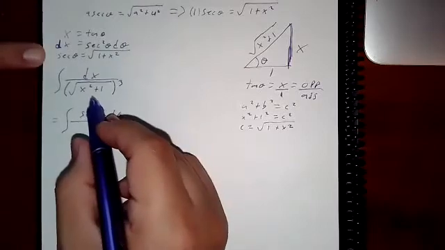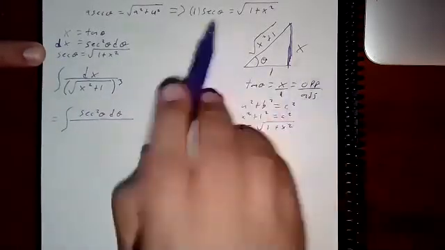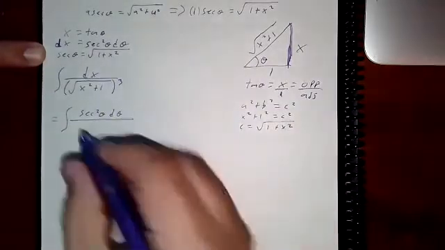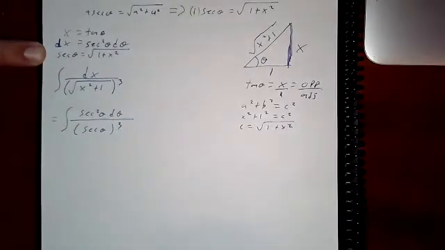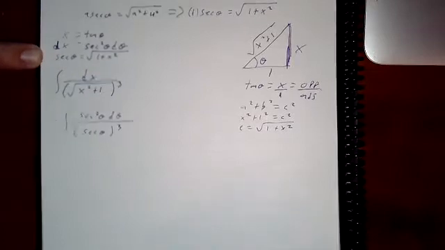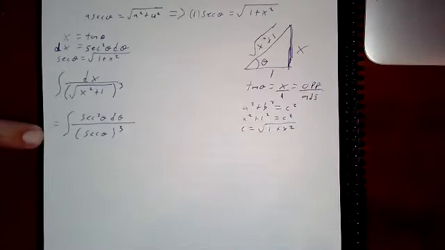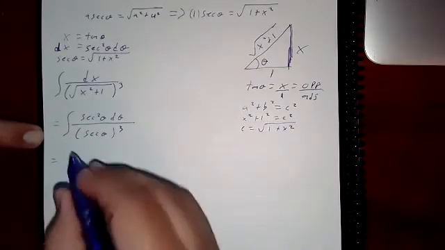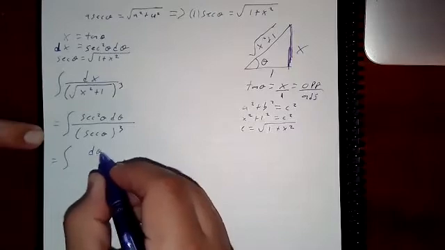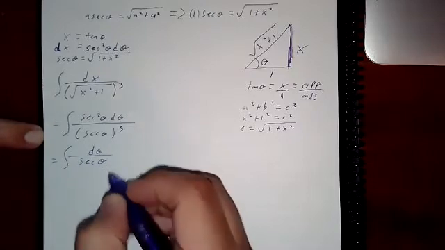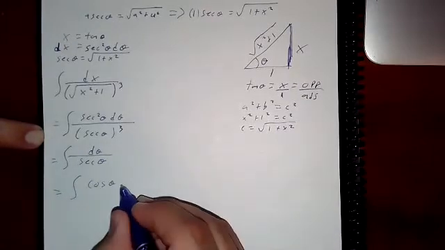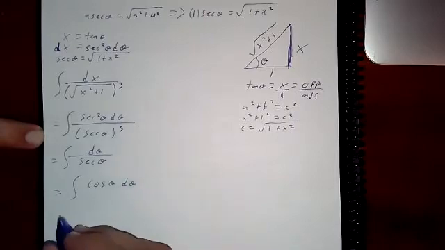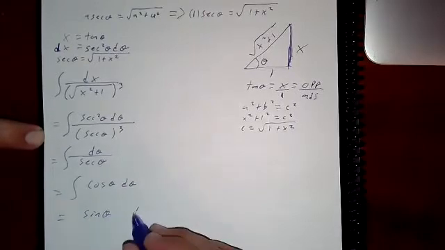And this nonsense down here is equal to secant theta cubed. Do you see how we got here? Yes. So then that will be d theta over secant, which will be cosine theta d theta, which is sine. That was an easy integral, right?